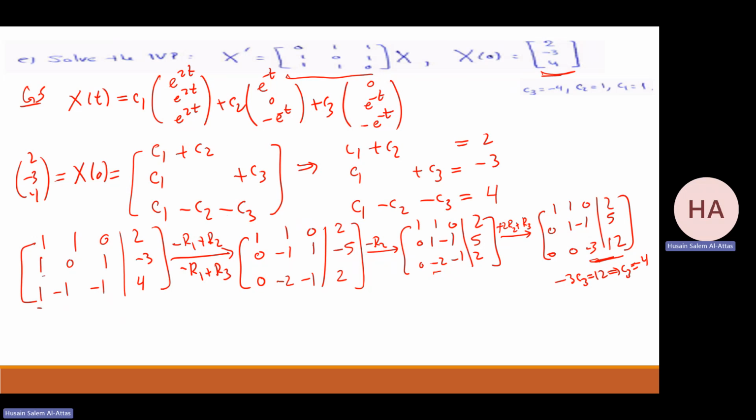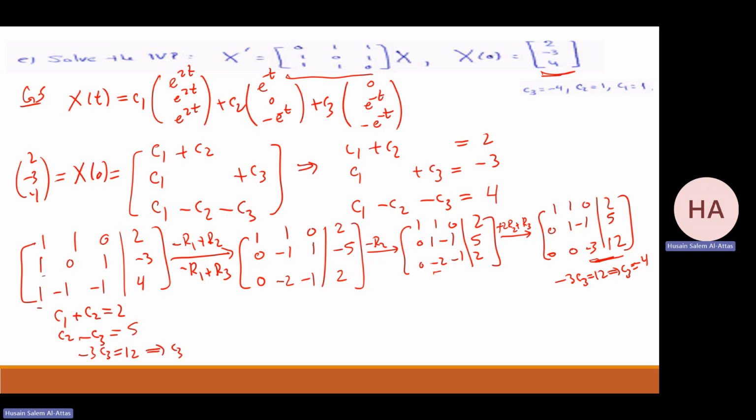Good. So I have this equation. Let me write the equation. C1 plus C2 equals 2. I have C2 plus C3, minus C3, sorry, minus C3 equal to 5. And the last one: minus 3C3 equal 12.